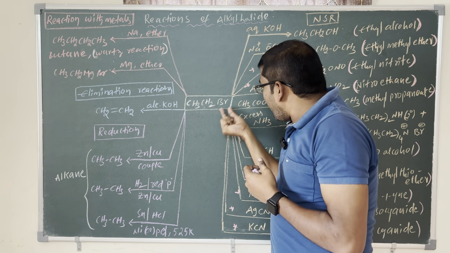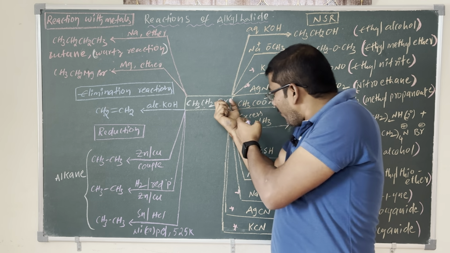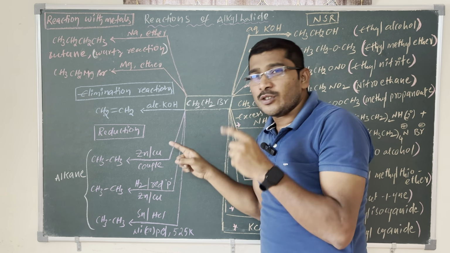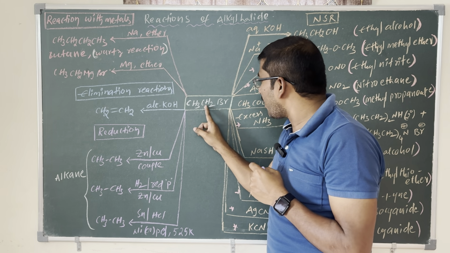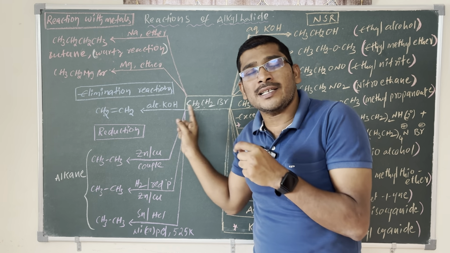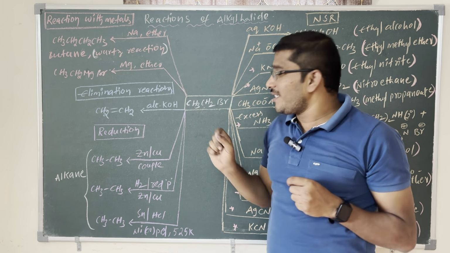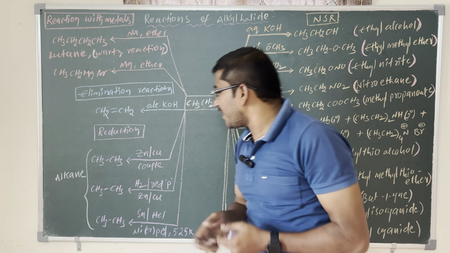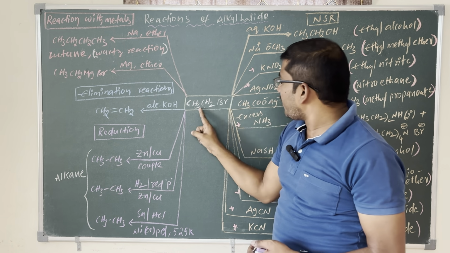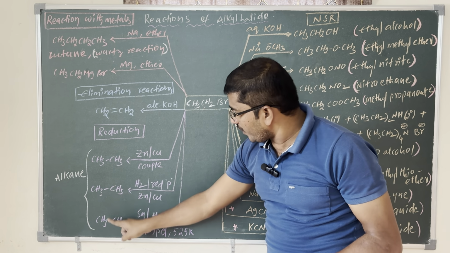Here the electronegative atom, bromine, is there. I am removing the electronegative atom here. That is called reduction. After adding hydrogen, one hydrogen I am adding to this carbon atom. CH3, CH2 is there. One hydrogen I added, and we get CH3, CH3. That is ethane. Reduction of alkyl halides gives alkanes. Ethyl bromide I took, in all cases we are getting ethane.